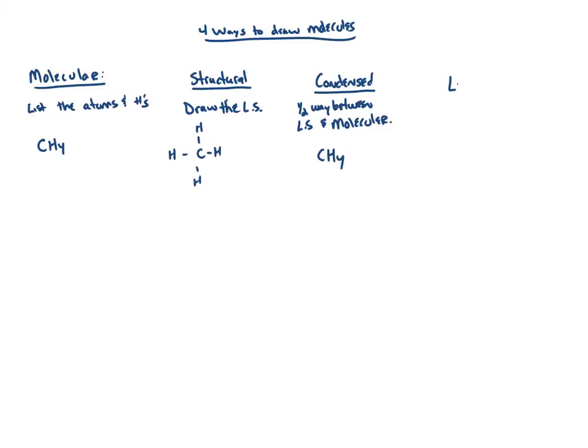And then, of course, the last one is line models. And I'm going to give some details of this on a separate page. Line models are a really shorthand way to draw organic structures that contain lots and lots of carbon atoms.